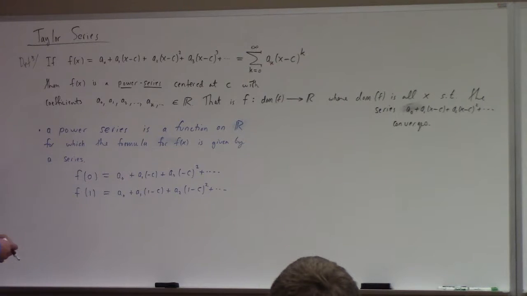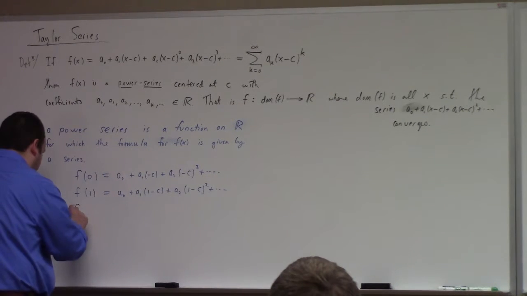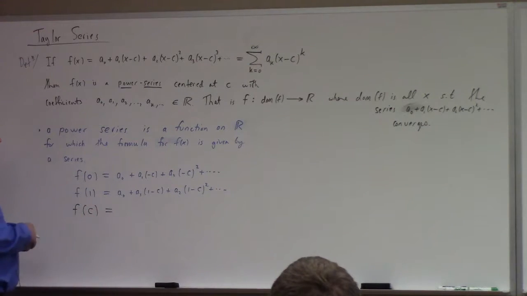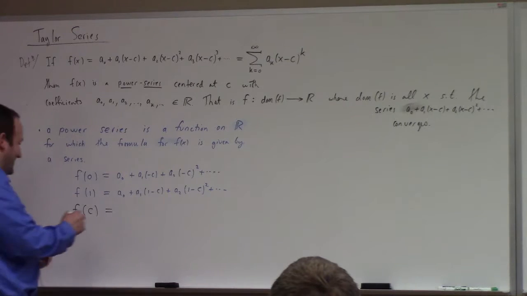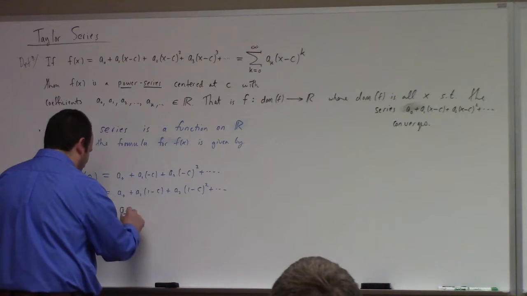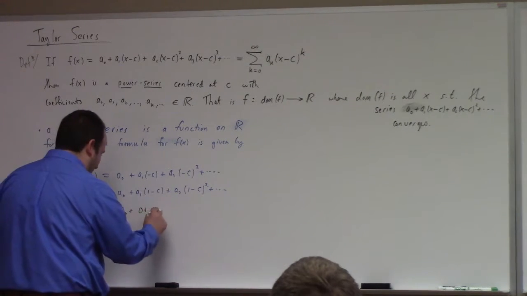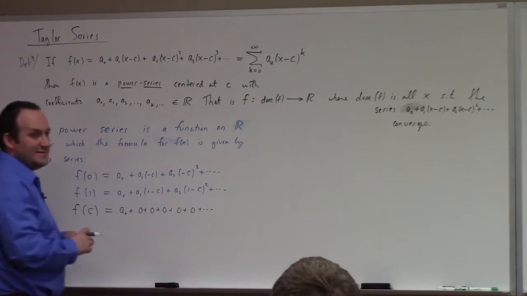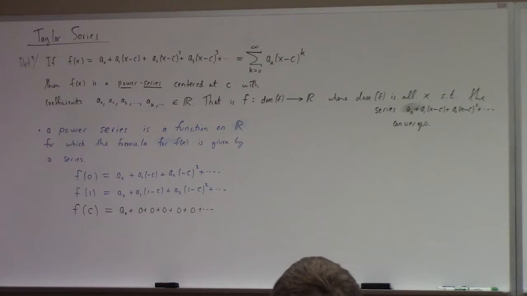But there's one kind of uninteresting point for a power series, right? What happens when we plug in x equals c? We get a0 plus 0 plus 0 plus 0 plus 0 plus 0. Well, you get the idea. The 0 series converges, right?